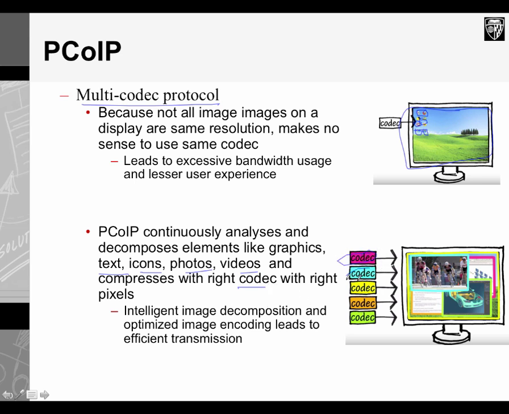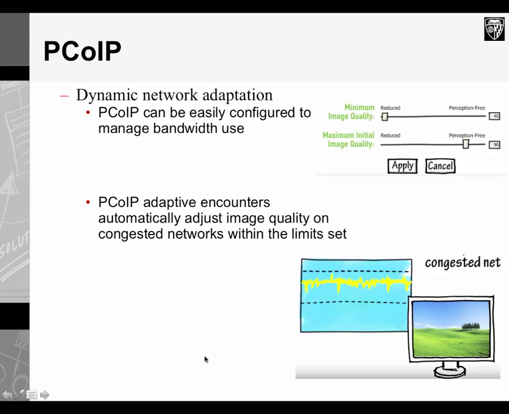Notice I have these different colors over here that indicate different kinds of encoding. The video will be encoded one way, the image one way, the text one way. This is what they call intelligent decomposition. They smartly decompose the image and encode it differently, and that makes for efficient transmission. This is something PCoIP supports.